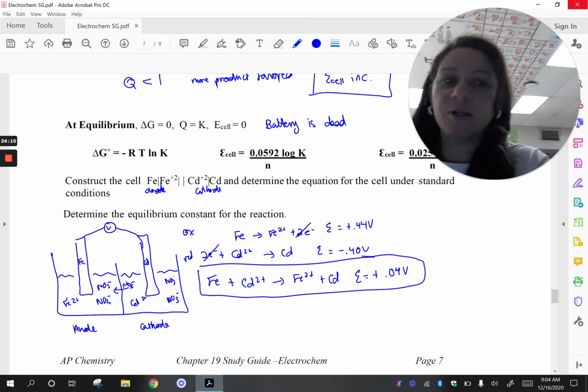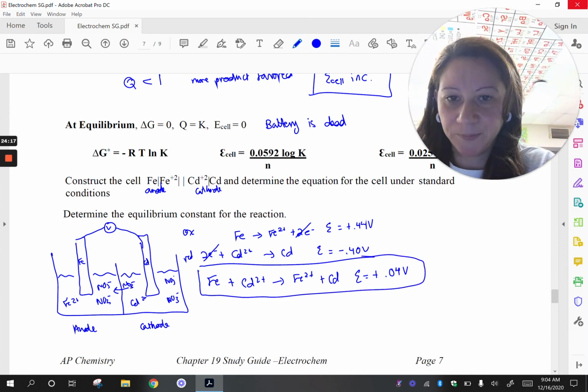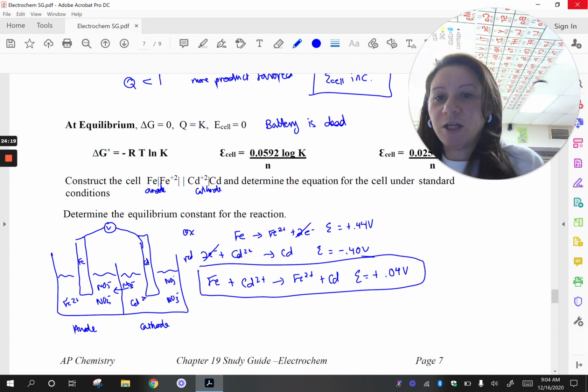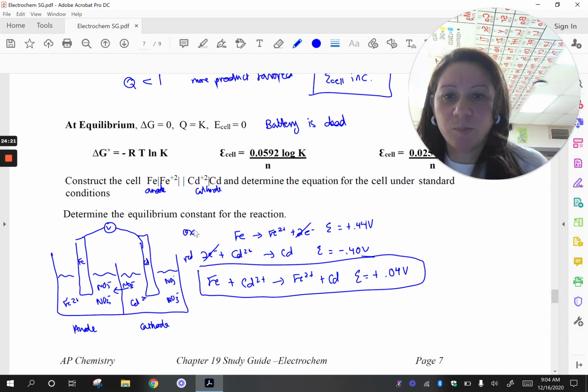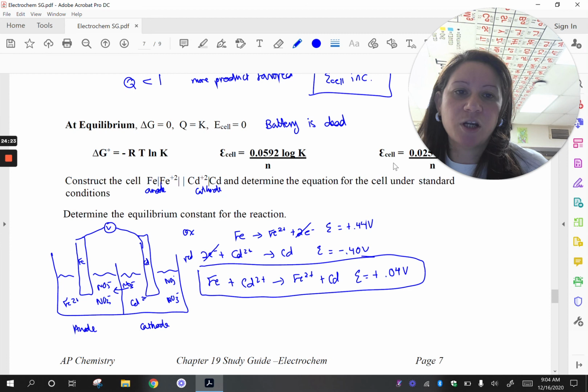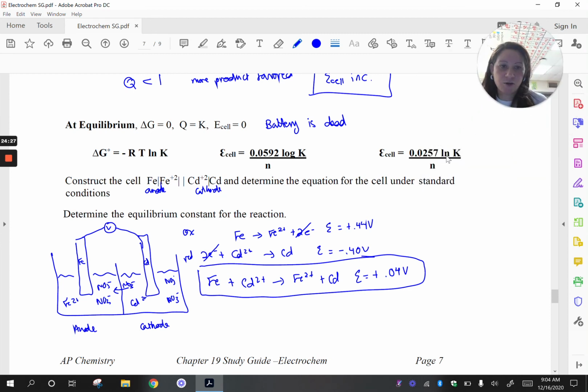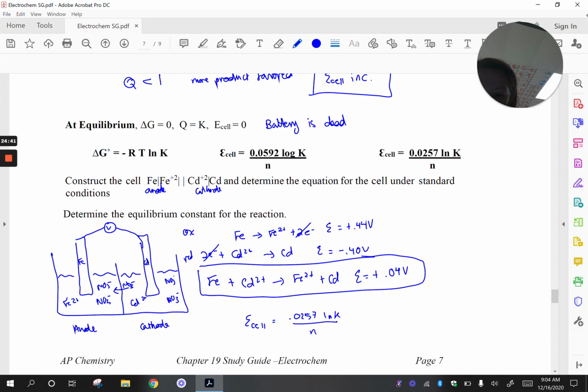And it's positive because it's an electrochemical cell. The last thing we need to figure out is the equilibrium constant. So we're going to use this equation right here to get the equilibrium constant. E cell is equal to 0.0257 natural log of K over n.